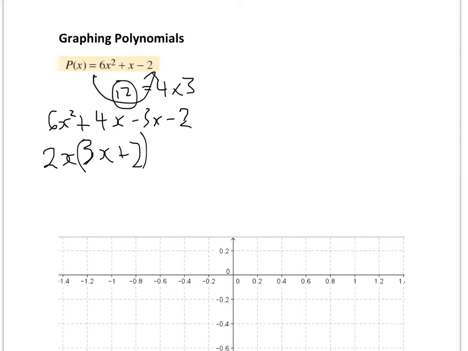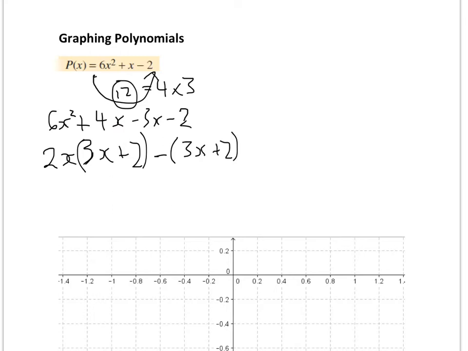Close my bracket. Now, in the second set, I've got minus 3x minus 2, and I should be able to factorise that so it looks like 3x plus 2. So one of the factors should be 3x plus 2. I'm going to factorise it by putting a minus out the front: minus, positive 3x plus 2.